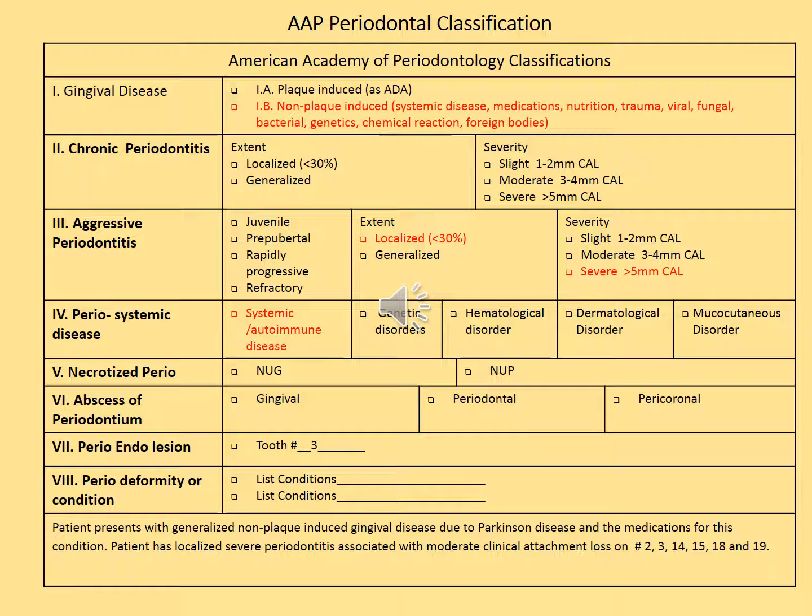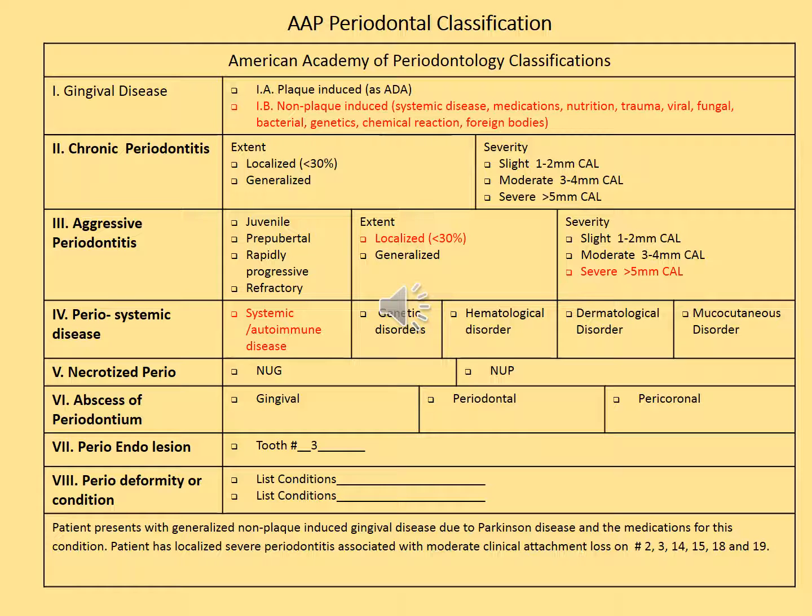For the AAP periodontal classification, the patient has non-plaque-induced gingivitis due to systemic disease and medications. The patient has localized aggressive periodontitis with severe clinical attachment loss equal to or more than 5 millimeters.